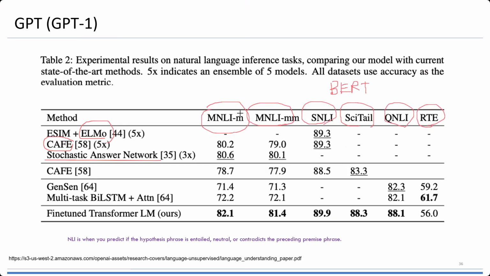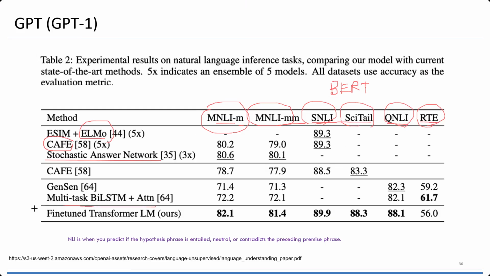Those tasks have some datasets like MNLI-m, MNLI-mm, SNLI, SciTail, QNLI, and RTE. You can refer to the table that I provided before.